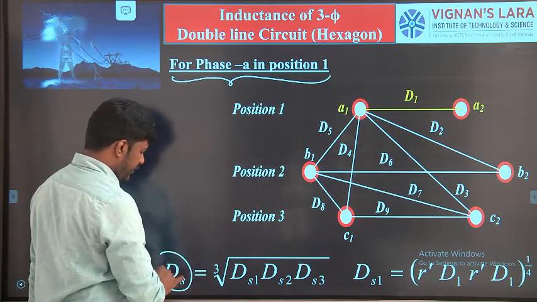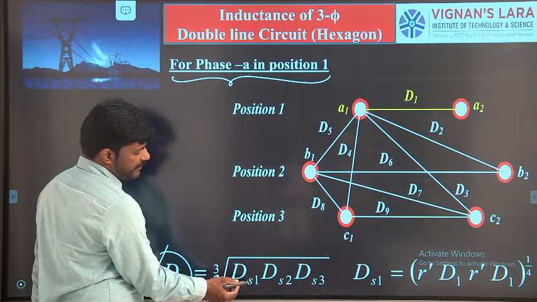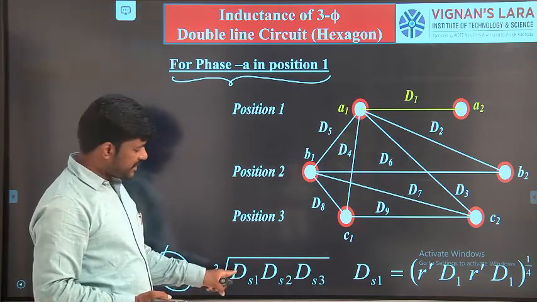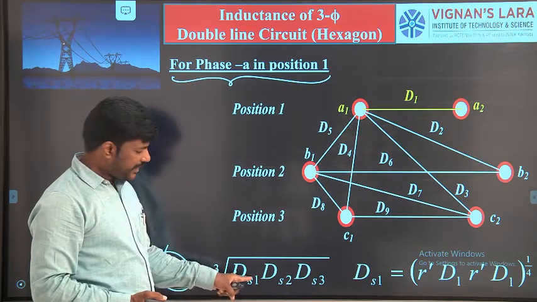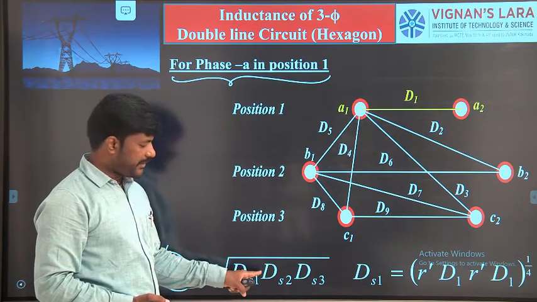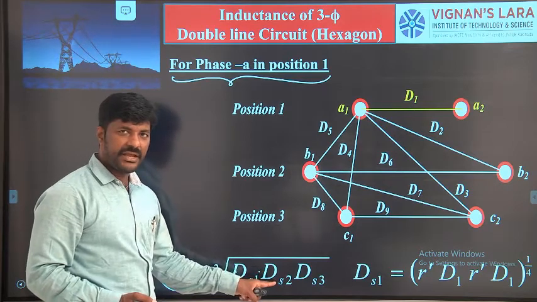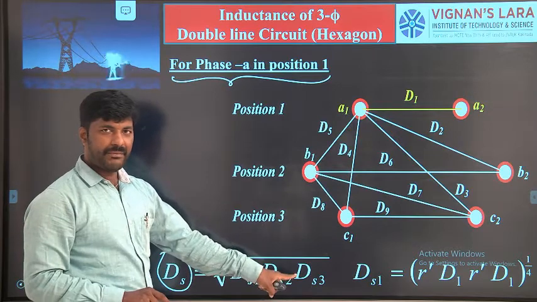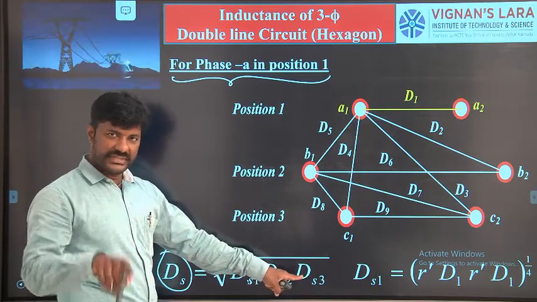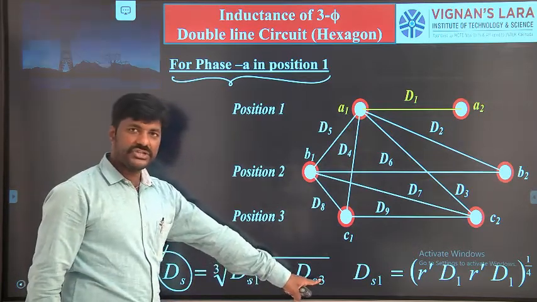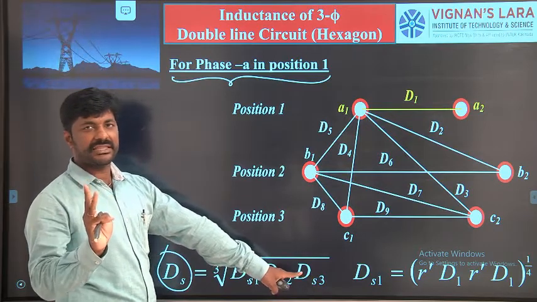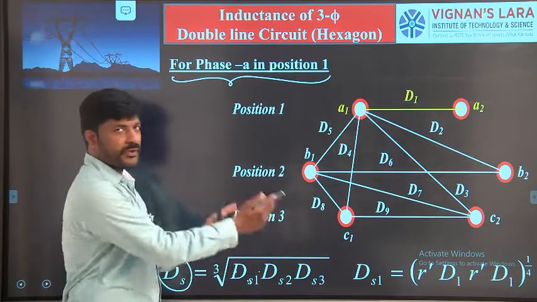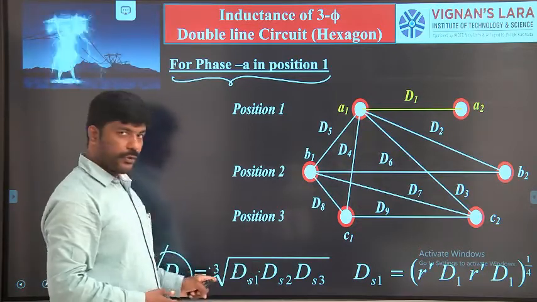The overall self GMD of phase A is the self GMD of phase A in position 1, multiplied by the self GMD of phase A in position 2, multiplied by the self GMD of phase A in position 3. 3 different positions are there, which is why I get 3 different self values. The product of all those 3, to the power 1 by 3, is the cube root.